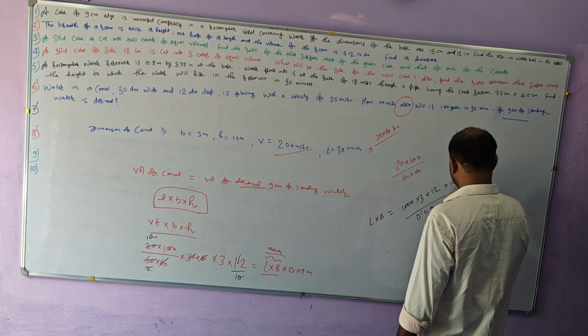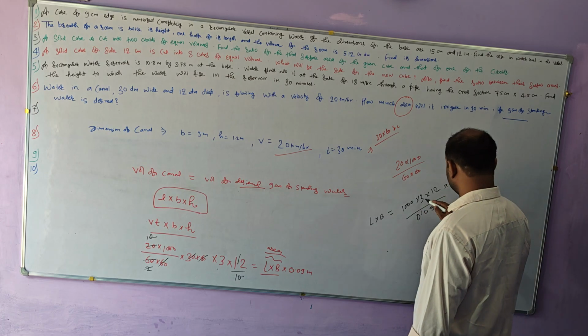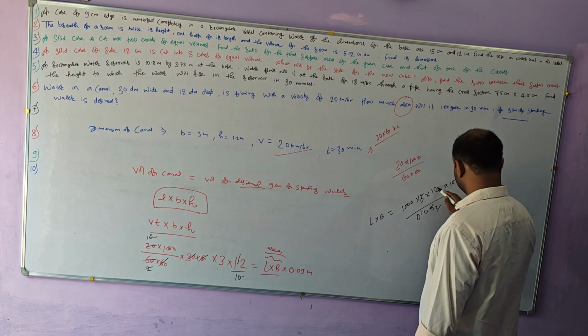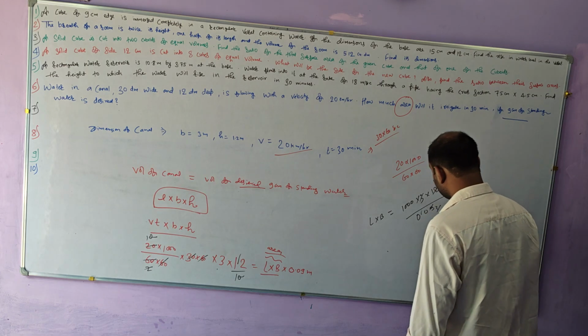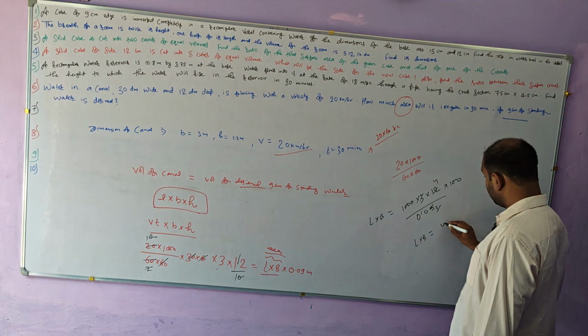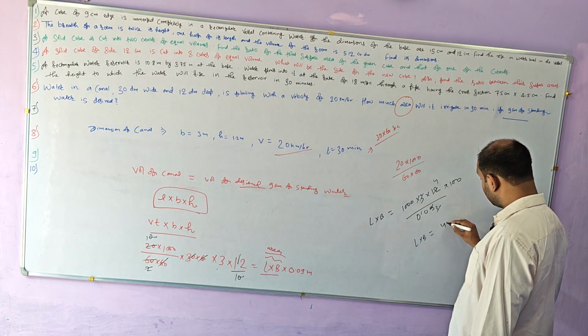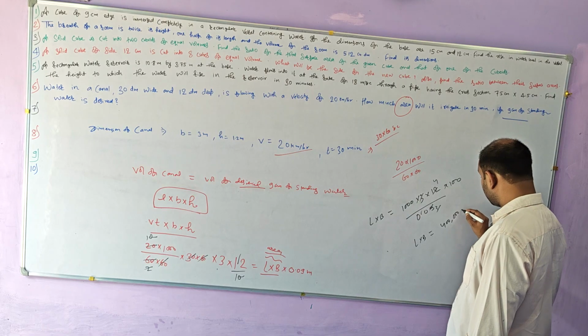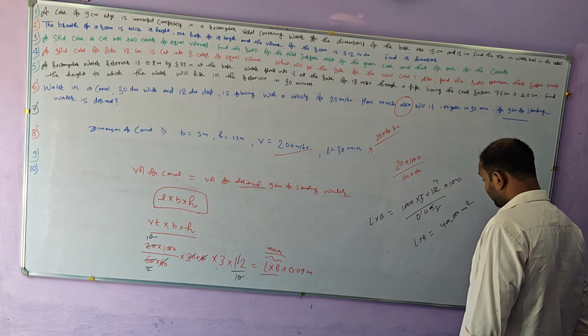We can also convert it, so we have area L into B in meter square.